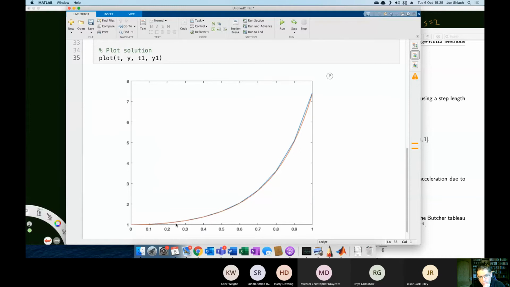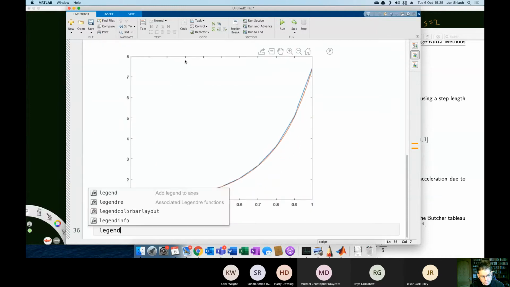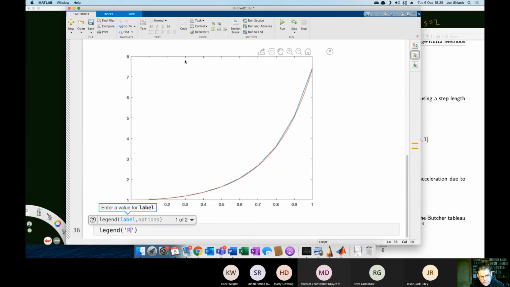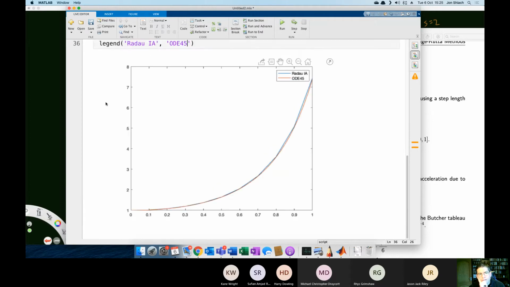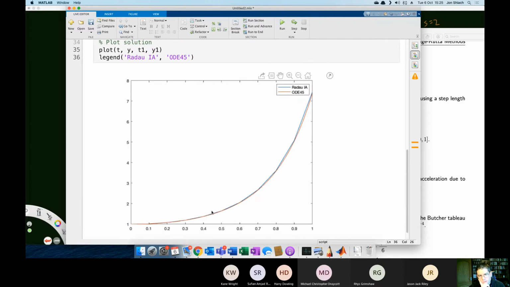Okay, good news is you can see that if I put a legend onto the plot, the first one was the Radau IA method, and the second one was ODE45. The Radau, the blue line, closely agrees with ODE45, the orange line.